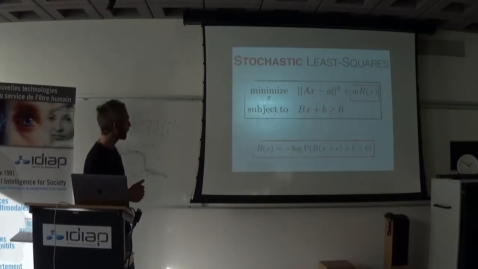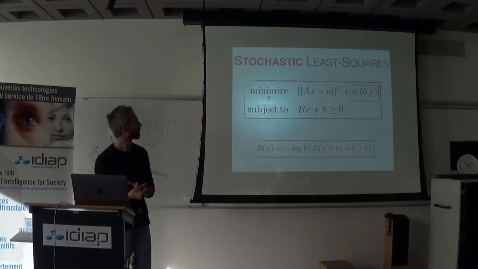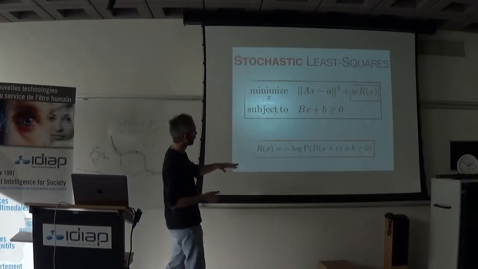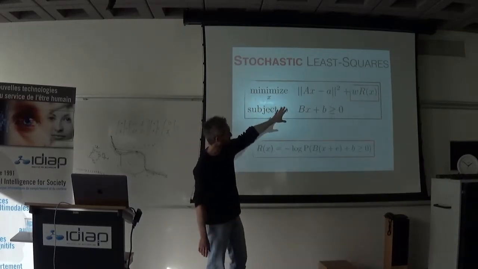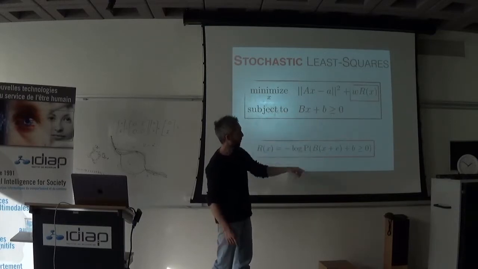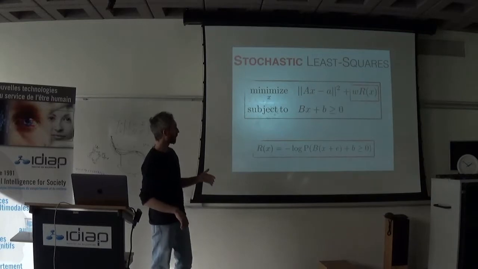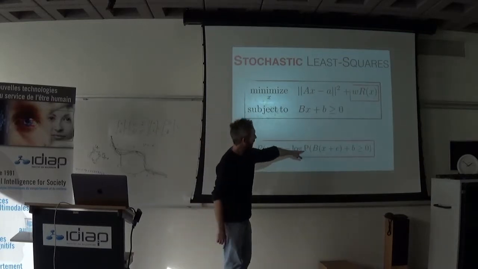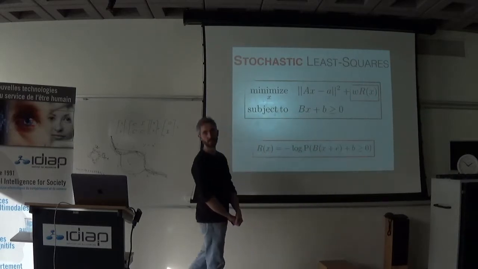In this case, you get a stochastic least squares problem, where the main structure of the problem is actually the same, doesn't change much, but you have an additional term in the cost function which represents the probability that your inequality constraints be satisfied.